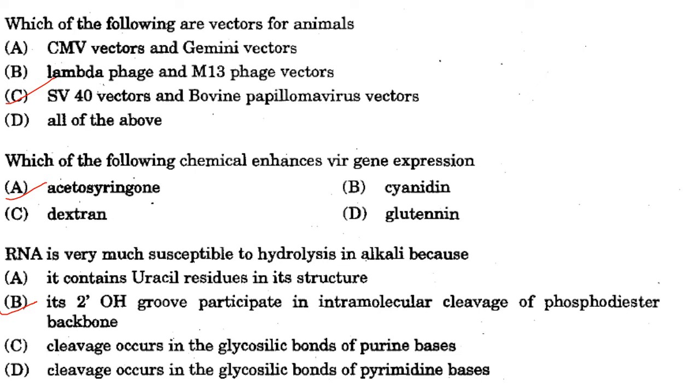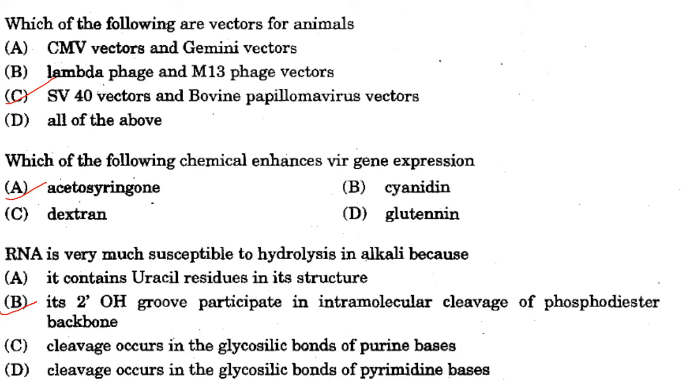Then next one, which of the following chemicals enhances Vir gene expression? So the answer is option A, acetosyringone. Then RNA is very much susceptible to hydrolysis in alkali because its 2' OH group participates in intramolecular cleavage of phosphodiester backbone.